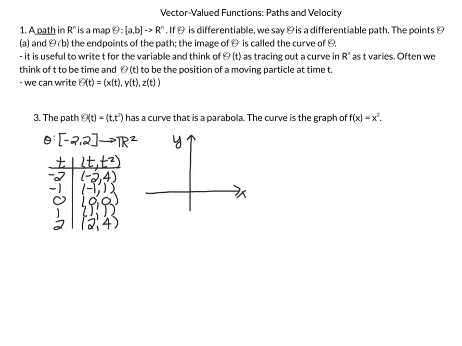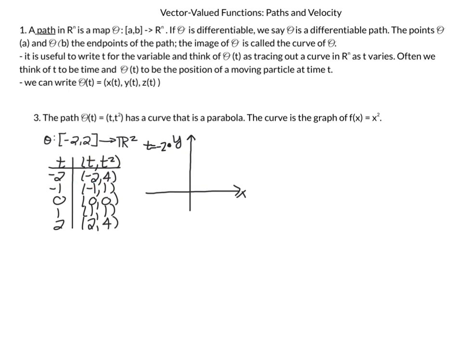So at time t equals -2, our particle is going to be at position -2 and then -2 squared, which is 4. So our position is (-2, 4), at time t equals -2. As we move through time, I can't do all the real numbers, but we'll just choose t equals -1.